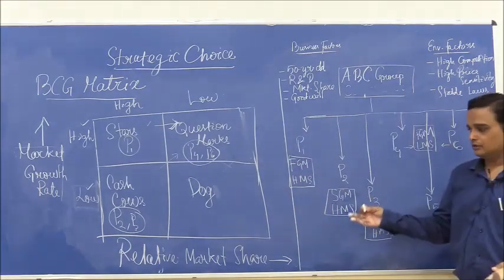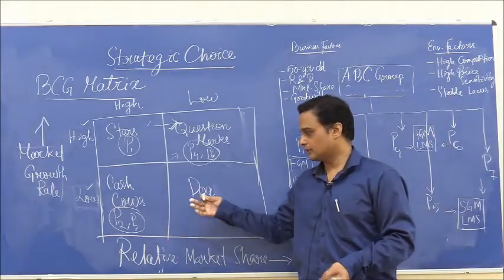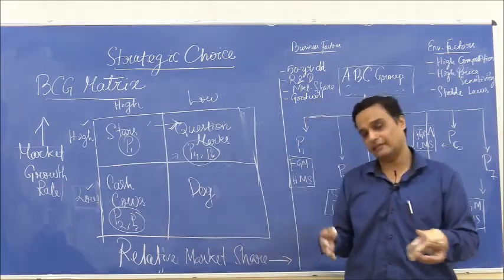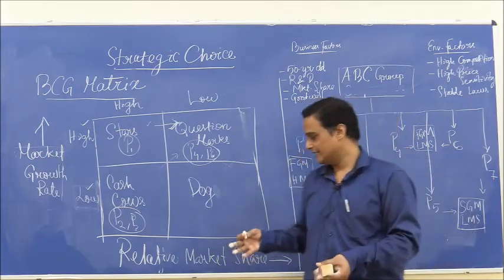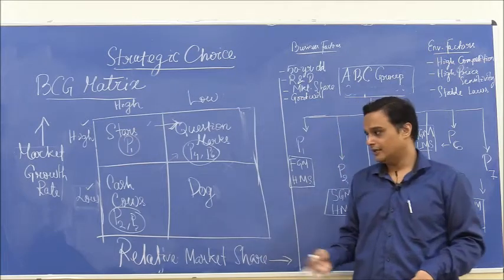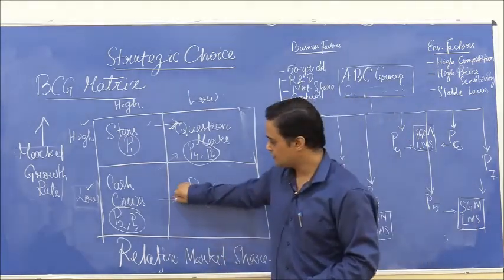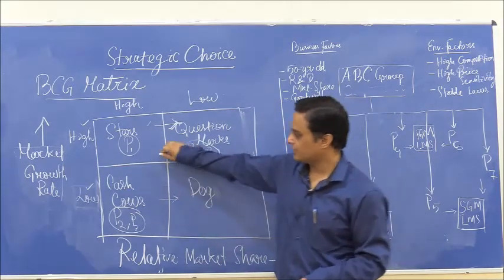Finally, a market growth of a certain segment is not growing very fast. It is a slow growing market, and in that market your own relative market share is also pretty less. Now, this could have resulted from a cash cow position or even a star position.